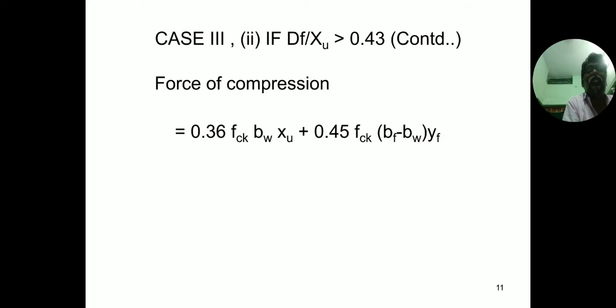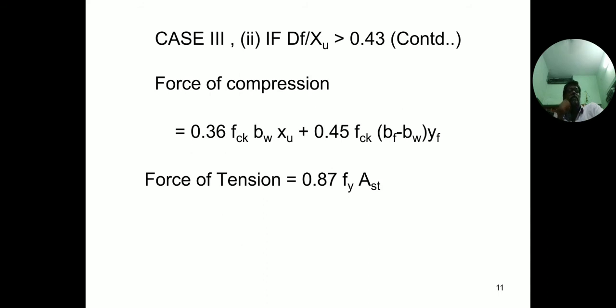Note down. Force of tension is 0.87 Fy AST.